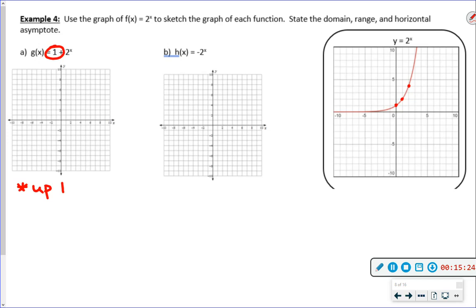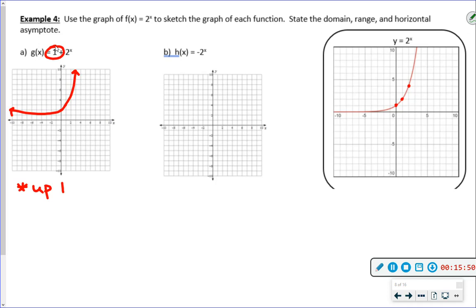I'm just going to take those 3 points and shift them all up 1. So (0, 1) moves up to (0, 2). I'm moving (1, 2) to (1, 3). I'm moving (2, 4) to (2, 5). And I'm just going to sketch it. That's a pretty rough sketch, but we're going to go with it.